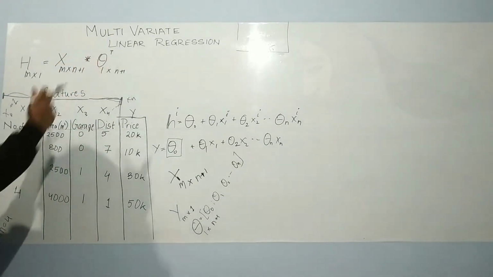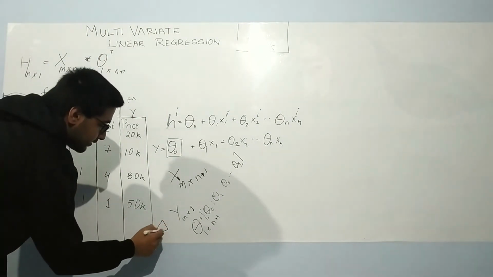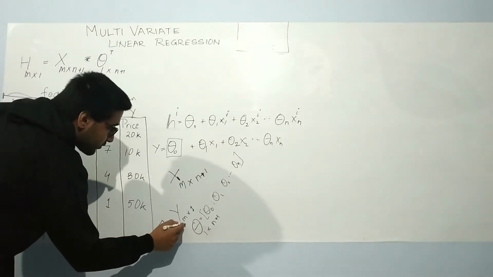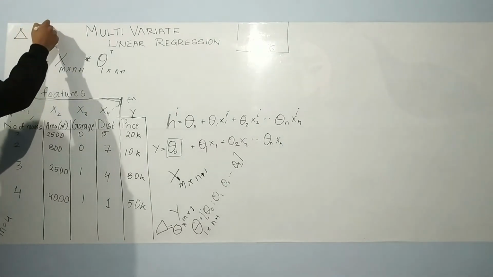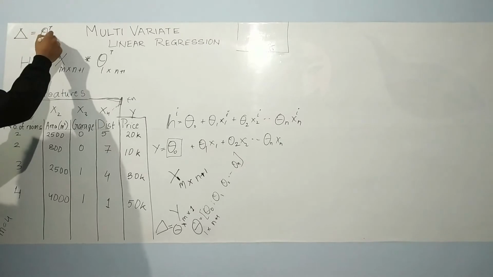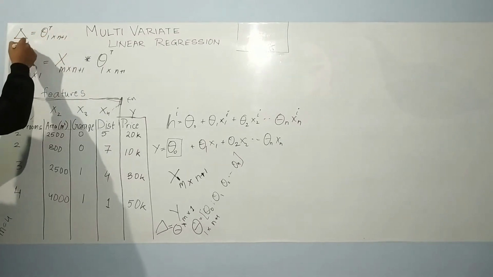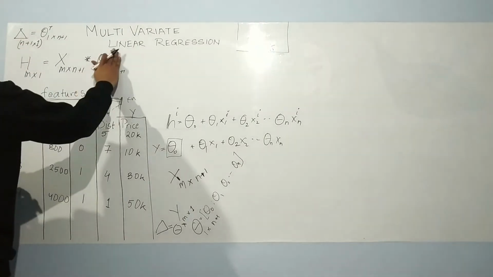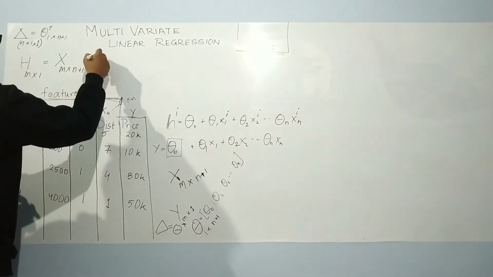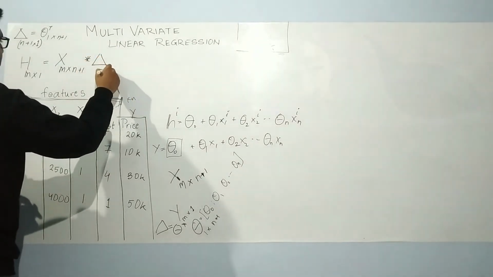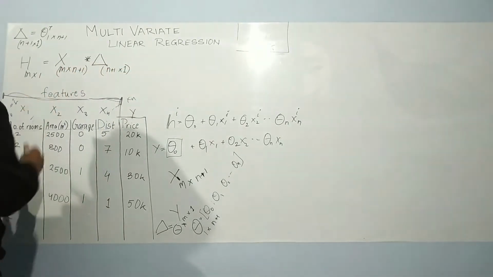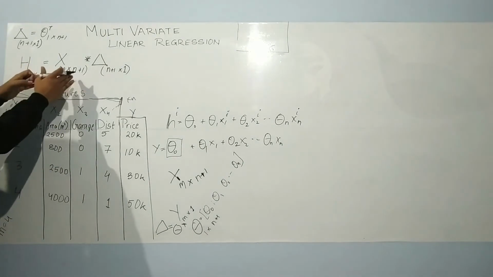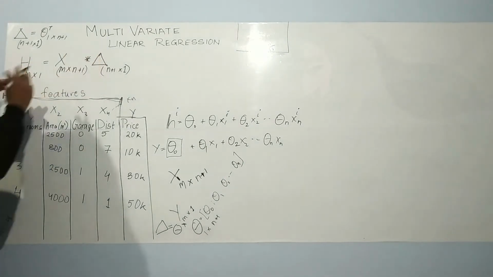Since we're adding the transpose, let's say delta equals theta transpose. Since theta is 1 cross n plus 1, delta would be n plus 1 cross 1. So you can write this as delta of n plus 1 cross 1. You can see this multiplication conforms to the rules of matrix multiplication.